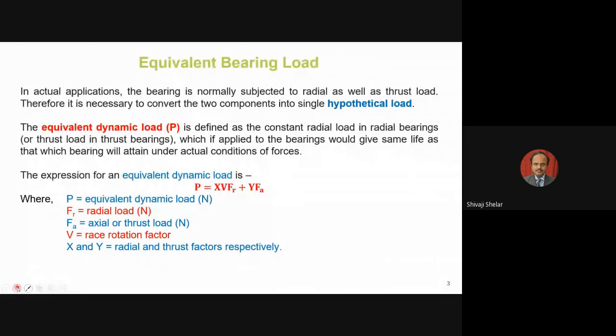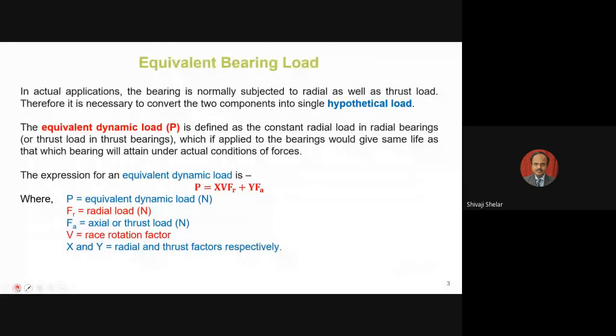So considering all these facts, the shaft may be supported at one end, or at multiple points. At these multiple points we are putting bearings. At these points the reactions will be developed. These reactions are nothing but the load on the bearing. So the reaction supported by the bearing is called the load on that bearing.